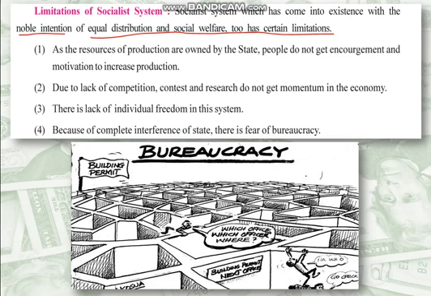First, as the resources of production are owned by the state, people do not get encouraged and motivated to increase production. As everything is owned by the state and people work for the state, they are not encouraged or motivated to increase the production, as they are paid for the work and not for the production that is done.